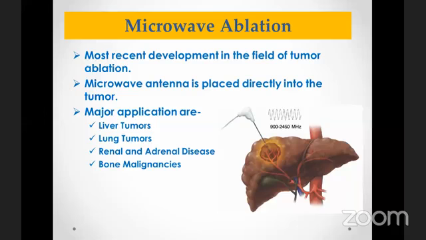Liver tumors, lung tumors, renal and adrenal disease, bone malignancies, and similar other abnormalities can be taken care of. Radiofrequency ablation is a minimally invasive treatment for cancer. Basically, it is an image guided technique that uses heat to destroy cancerous cells.